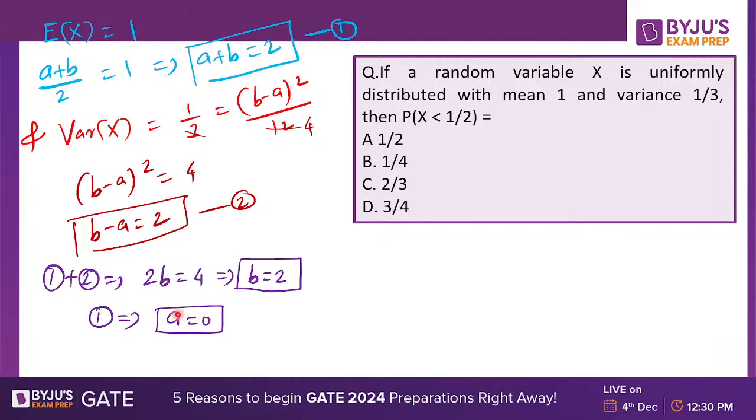You will get a equal to 0 and b equal to 2. So we can draw that uniform distribution graph. In the interval 0 to 2, it will be a constant value. Yes, sir. That is 1 by 2.